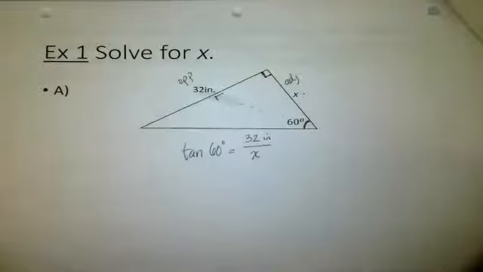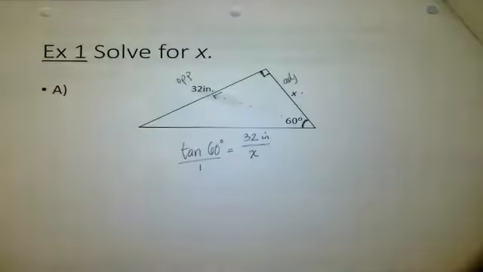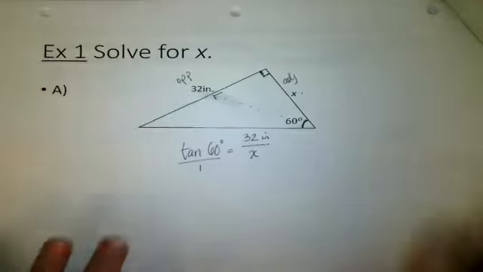And look at that, we just created an equation we can actually solve, and our calculators are going to be really helpful today. How do you suppose that you solve this? What do you want to do? Cross multiply. Yeah, cross multiply.